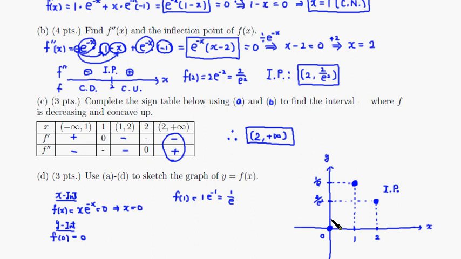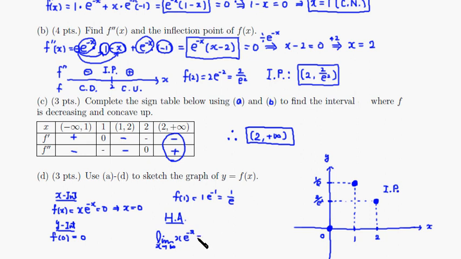All right, so let's try to follow the shape and make sure to go through here. Oh, actually, one more thing we can find is the horizontal asymptote. The horizontal asymptote can be found by taking the limit of the function x e to the negative x as x approaches positive infinity.